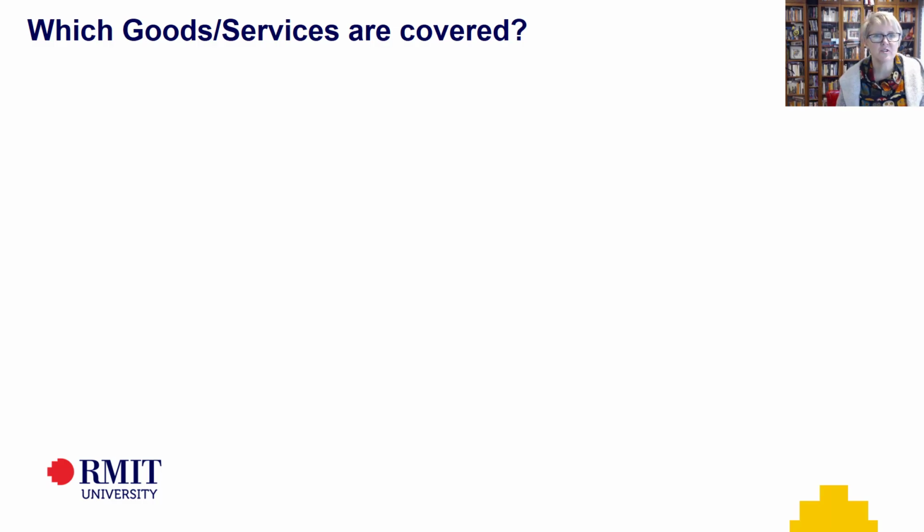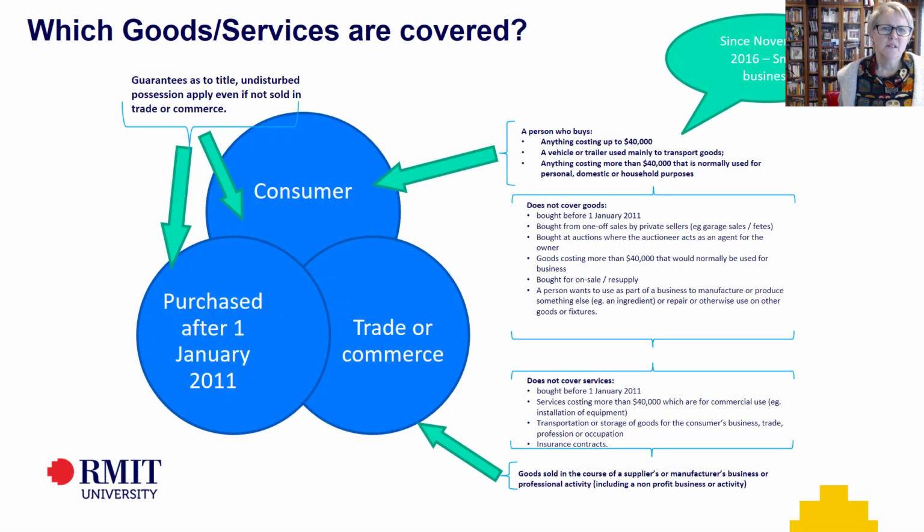So what kind of goods or services are covered? This is possibly an overly complex slide, but what I'm trying to demonstrate to you is that when you're analysing whether or not a term that is implied by statute applies, you need to dig down into the definitions. So I've used this sort of three-part analysis. Is it a consumer transaction? Has it occurred in trade or commerce? Which is a pretty easy test as it turns out. And is it purchased after the relevant date?